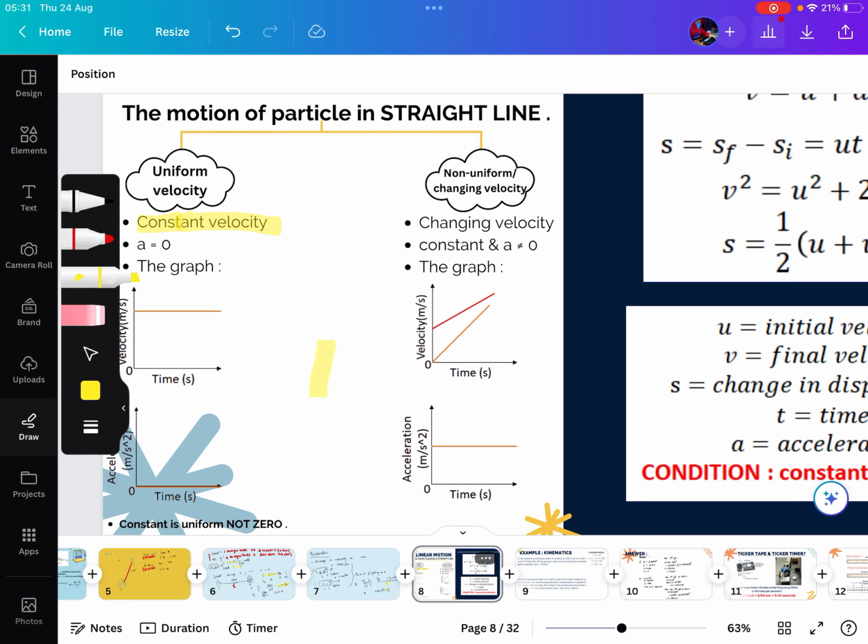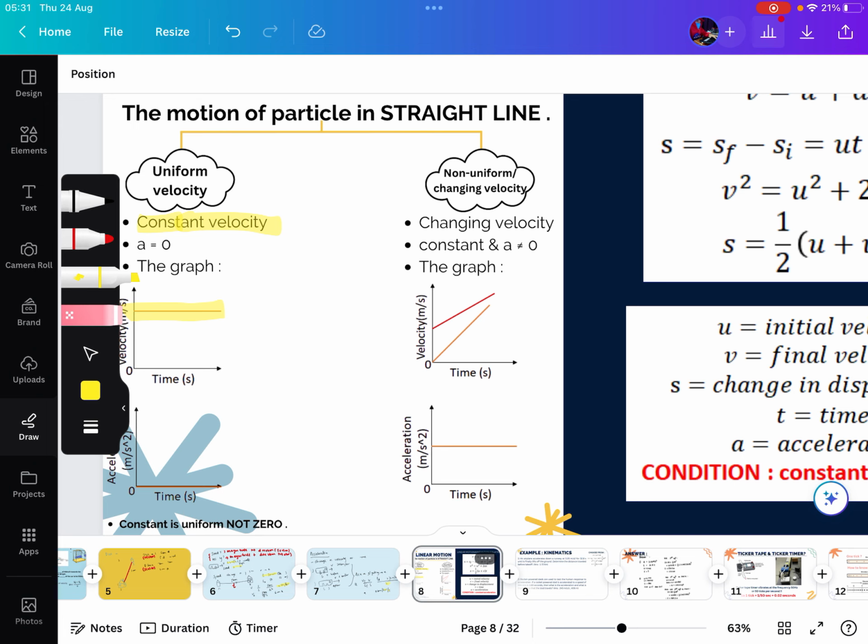As you can see, this is the graph of a constant velocity. In the first graph, this is constant velocity, which means the velocity doesn't increase or decrease. It is constant, which means it doesn't change. Remember the definition for acceleration: there has to be some change in velocity, then you will have an acceleration.